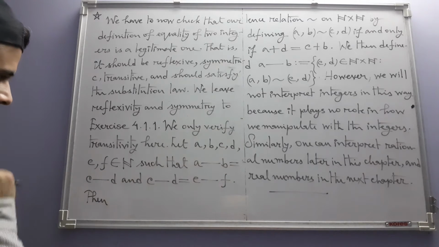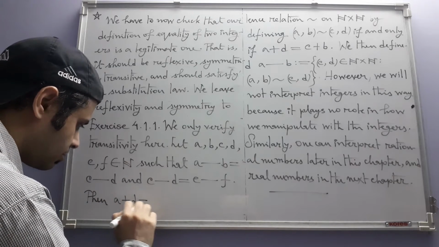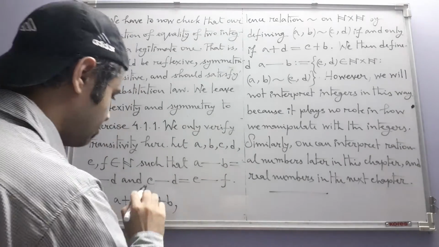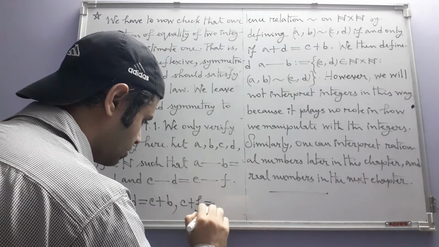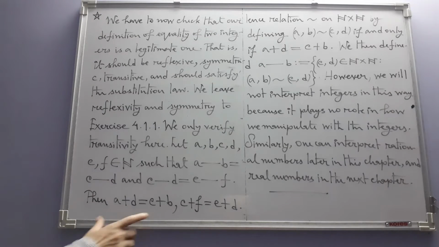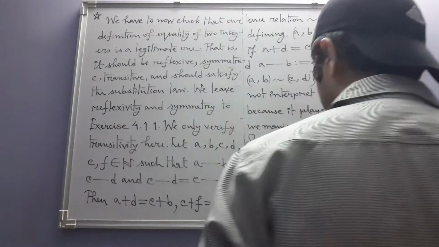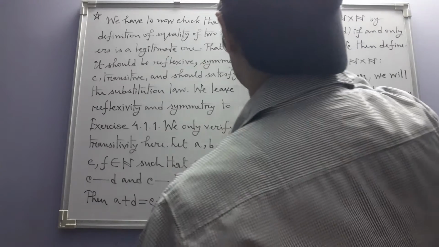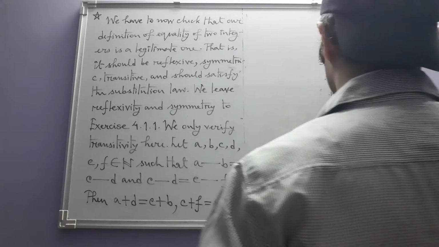Then what do we have from this equality? A plus D should be equal to C plus B, and from this one we have C plus F is equal to E plus D. Okay, so these are equations in the system of natural numbers. They are true because we have equality there between these integers. Now what can we conclude from these two equations?